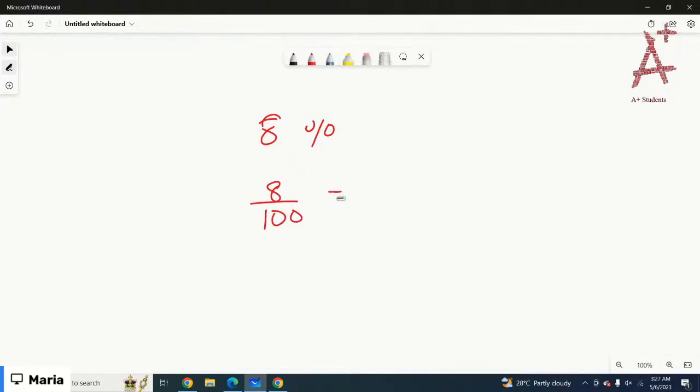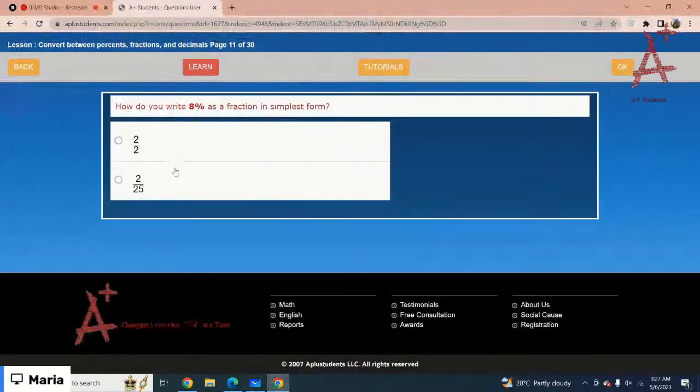So it would be 4 times 2 is 8, and 4 times 25 is 100. So it would be 2 over 25. So the correct option is 2 over 25. That would be option number 2.